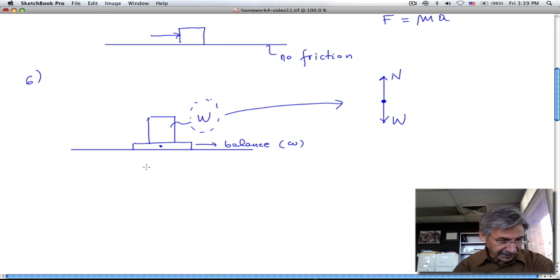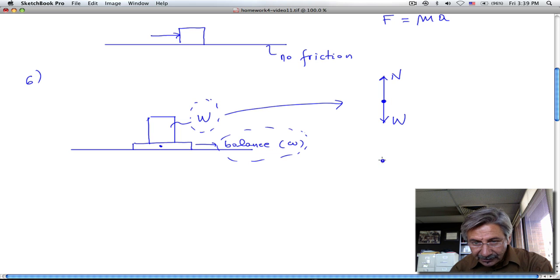When you look at the free body diagram of the balance now, it's different. The free body of the balance has its own weight, which is smaller than this one, and also feels the action-reaction pair of this one.